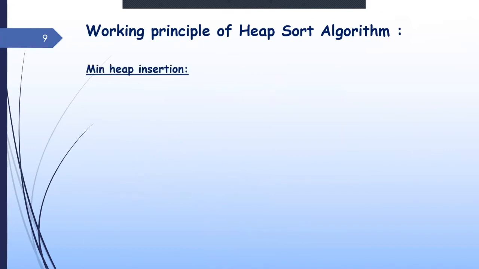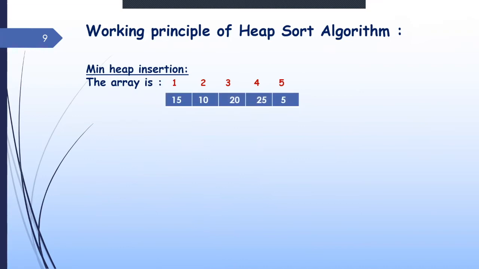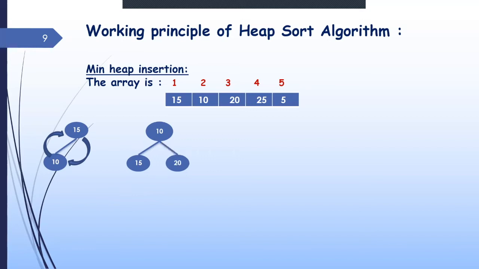Min heap insertion. Min heap insertion is the reverse process of max heap insertion. Firstly insert 15 and its left child is 10 and check 15 is smaller than 10. No, and swap. And third element 20, insert on 10's right child and check 10 is smaller than 20.